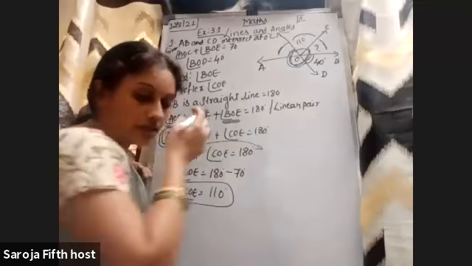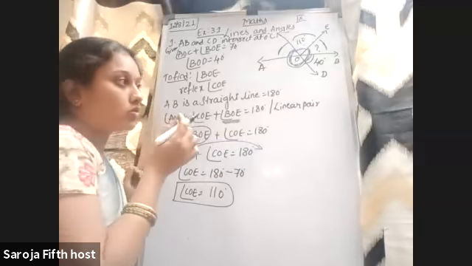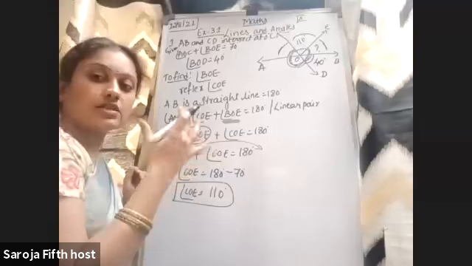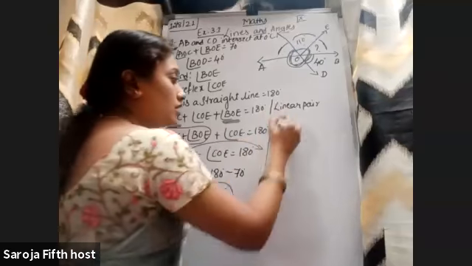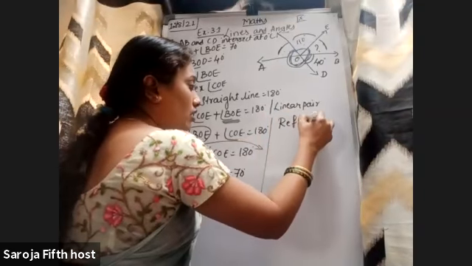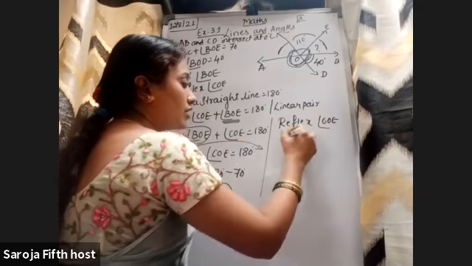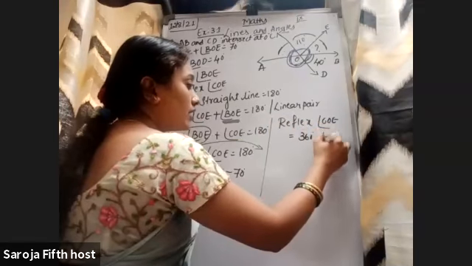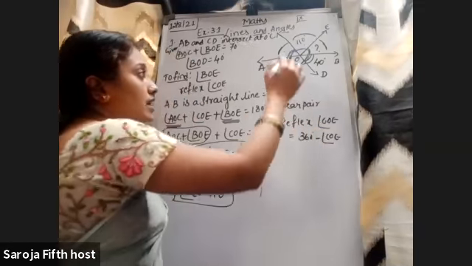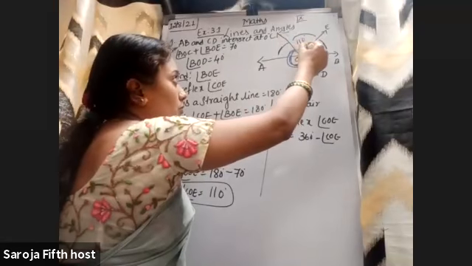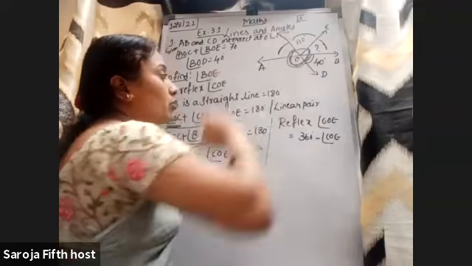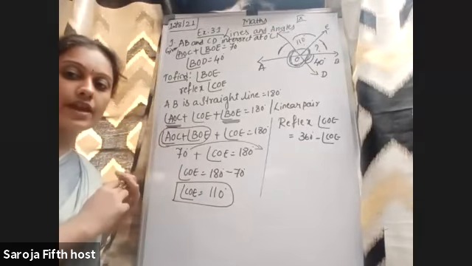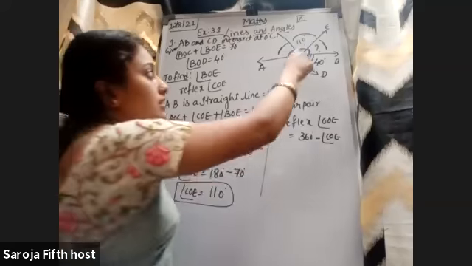The reflex angle is equal to 360 minus the obtuse or acute angle. So reflex angle COE is equal to 360 minus angle COE, that is, I subtract what I got for COE as the obtuse angle. The complete angle at this point is 360 degrees.